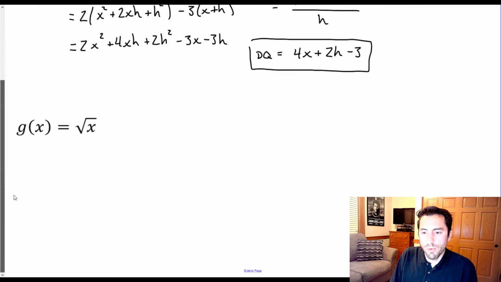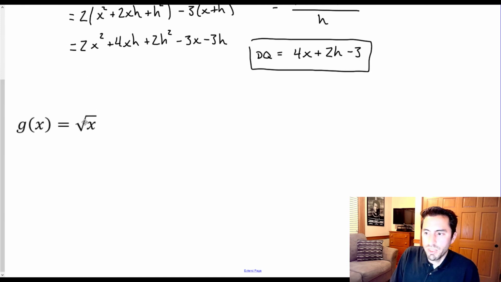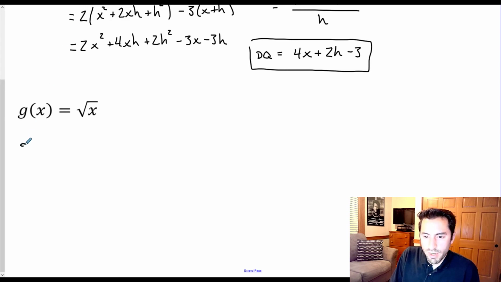And let's just do one more. A little bit simpler this one. g of x is equal to the square root of x. So first thing, let's find g of x plus h. So replacing x with x plus h, we have the square root of x plus h.